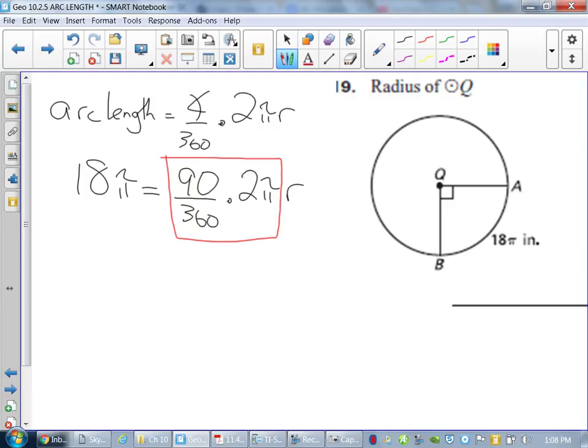If you put 90 over 360 times 2 pi in your calculator, it'll spit out pi over 2. 90 times 2 is 180, 180 over 360 is 1/2. 1/2 times pi is pi over 2.